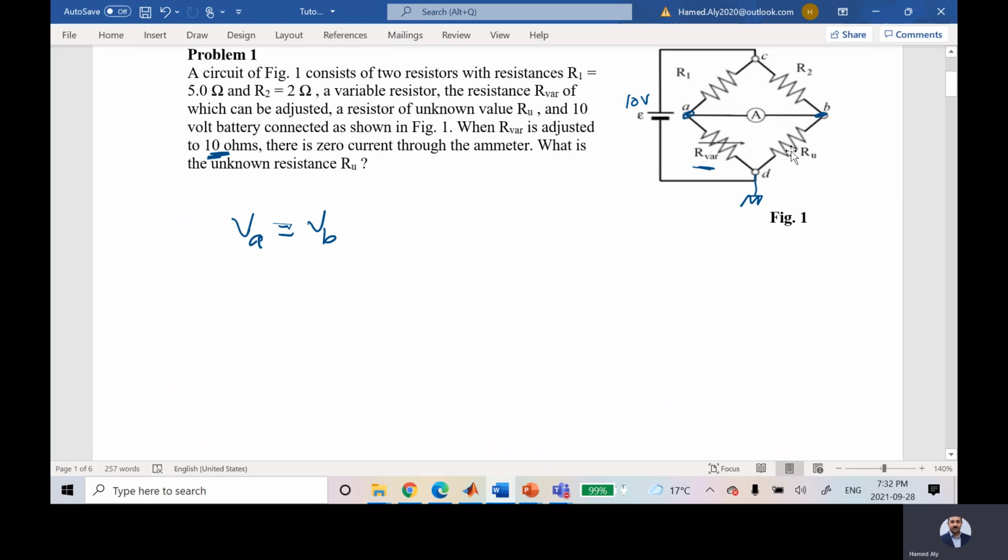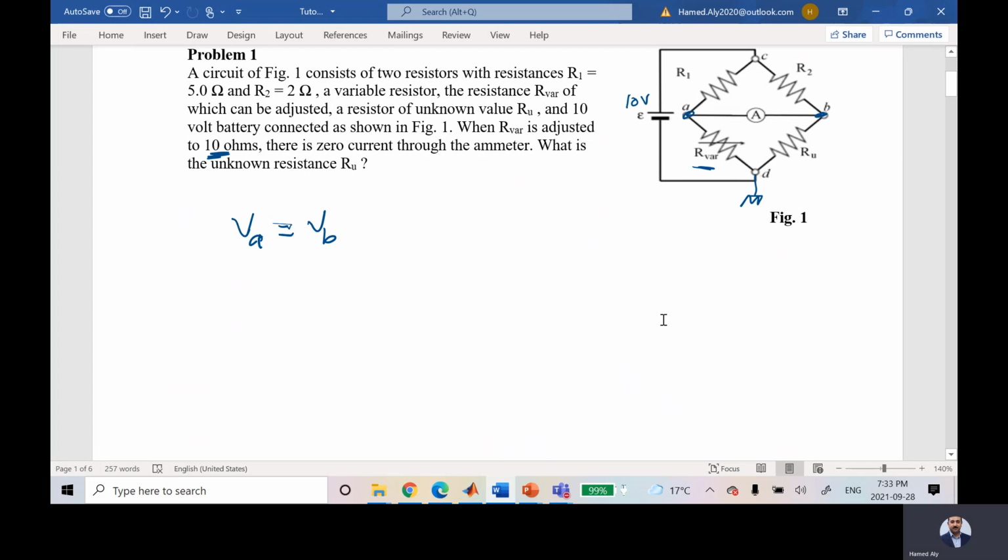Can you please find the voltage across VA by using the voltage divider? Since there is no current here, I can imagine that the current here is the same like this current. Am I right? Which means, as if those two are connected in series, which means the voltage across this guy is equal to the total voltage between C and D, which is 10, divided by the summation of R1 and R variable, multiplied by R variable, based on the voltage divider, right?